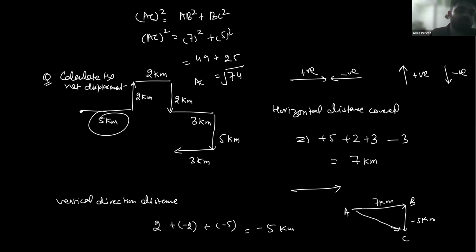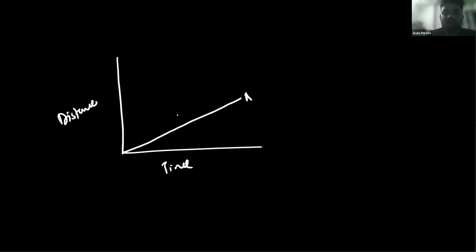Okay. Let me show you an example. For example, Rima, this is a distance time graph. It has graphs made by a car A, another car B and C car.